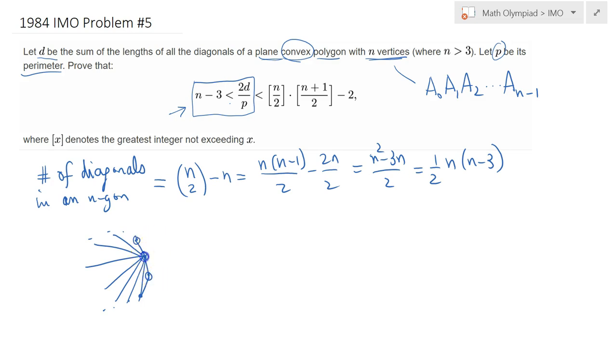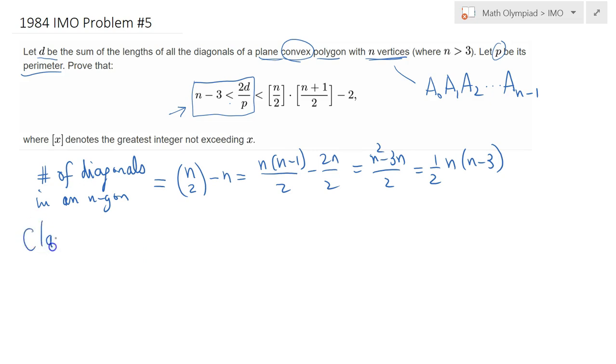So from each vertex, and we have n vertices obviously, we can go to n minus 3 of the other vertices. However, notice that because I'm multiplying by n, these are ordered. So to make it unordered, I need to divide by 2, because I'm double counting each diagonal in that case. Regardless, you get the same answer. So this is the total number of diagonals of any given n-gon.